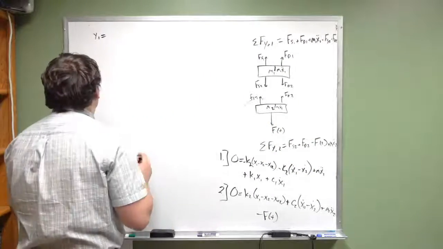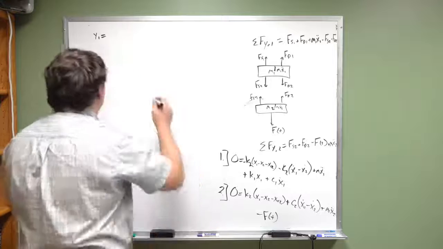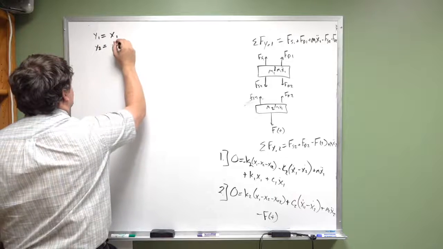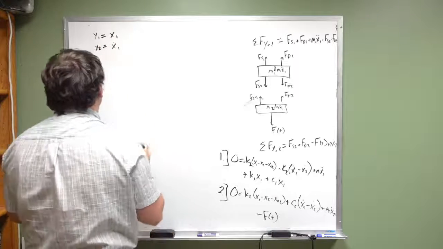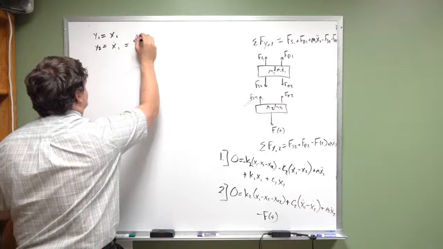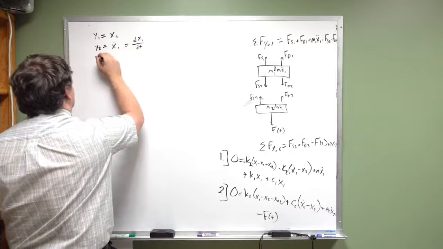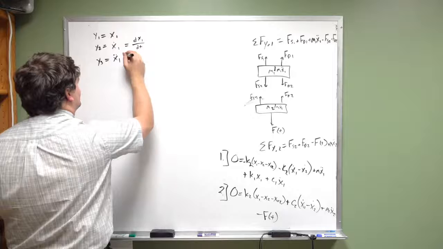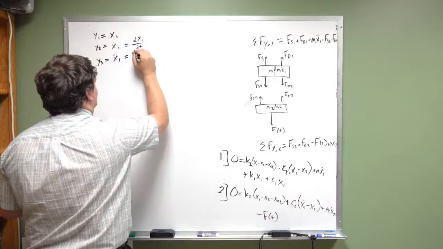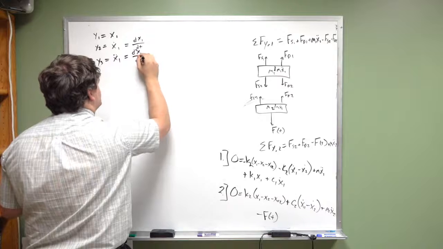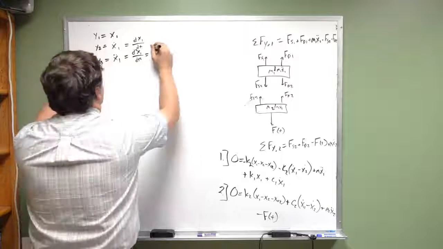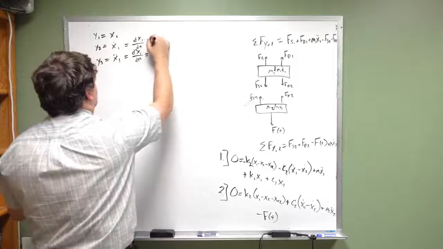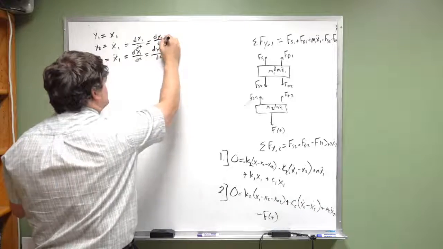All right, so we're going to say y1 is equal to x1, y2 is equal to x1 dot, which is just the derivative dx1/dt, and then y3 is equal to x1 double dot, which is d squared x1/dt squared, which happens to also be equal to dy2/dt. And y2 happens to be equal to dy1/dt.